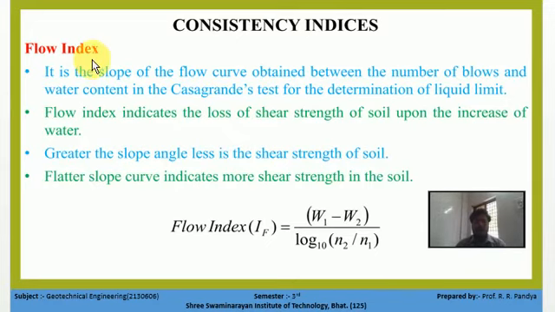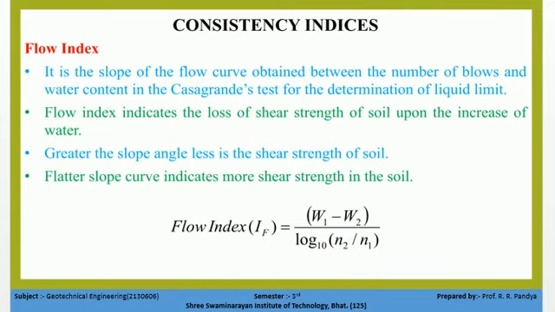First one is flow index. Flow index is the slope of the flow curve obtained between the number of blows and water content in the Casagrande test to determine the liquid limit.